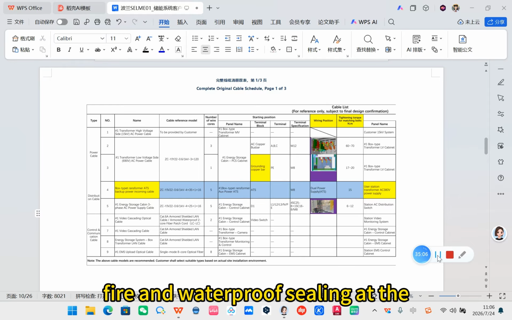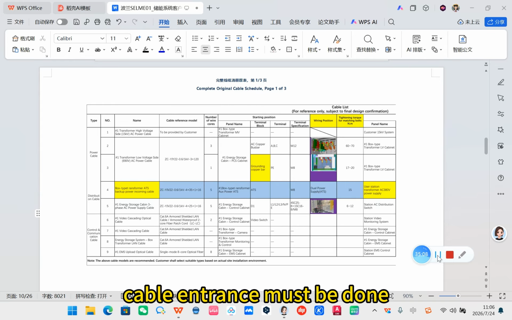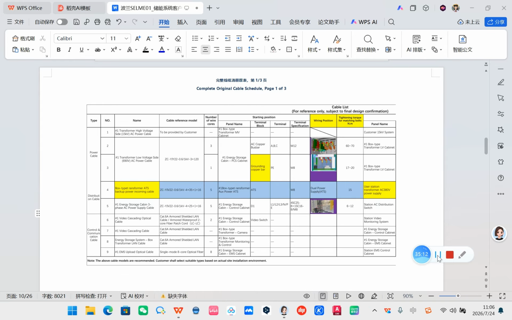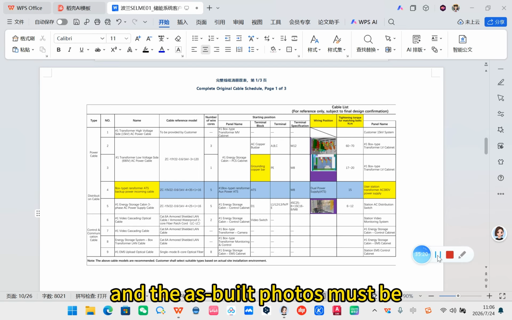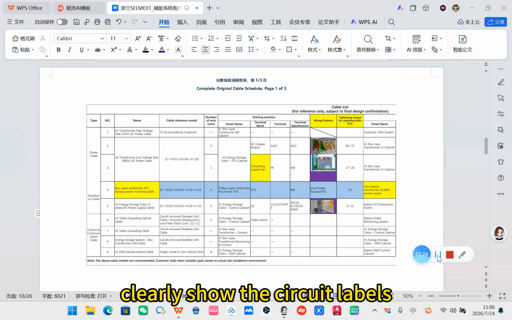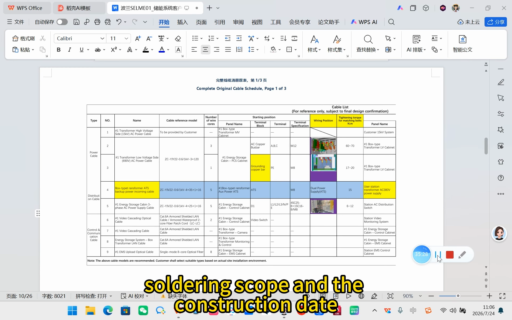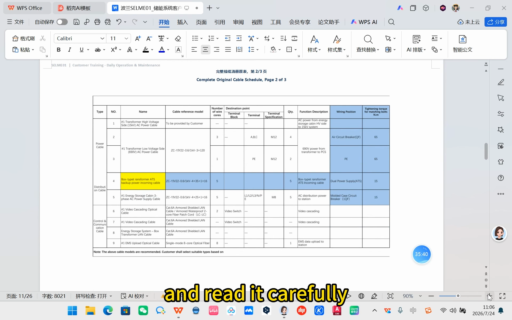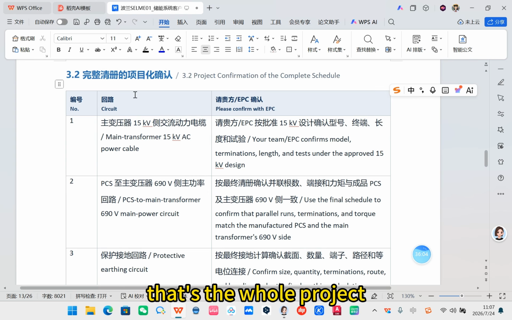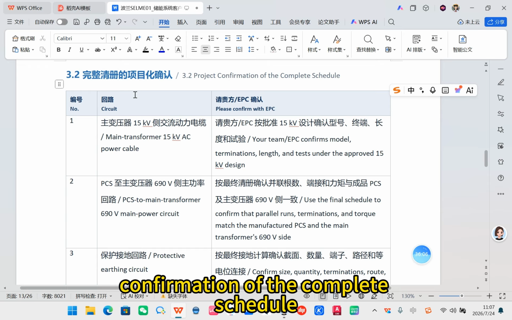Second, fire and waterproof sealing at the cable entrance must be done after the cable test, and the as-built photos must clearly show the circuit labels, sealing scope, and the construction date. Please notice this and read it carefully. That's the whole project confirmation of the complete schedule.